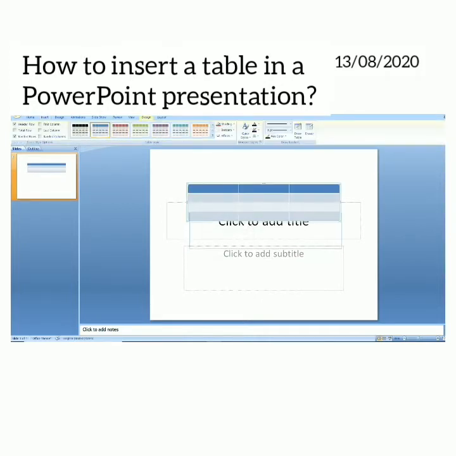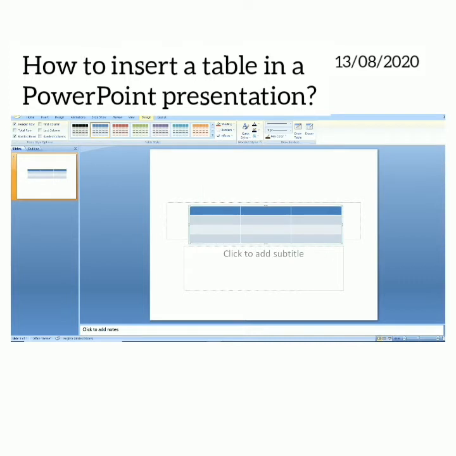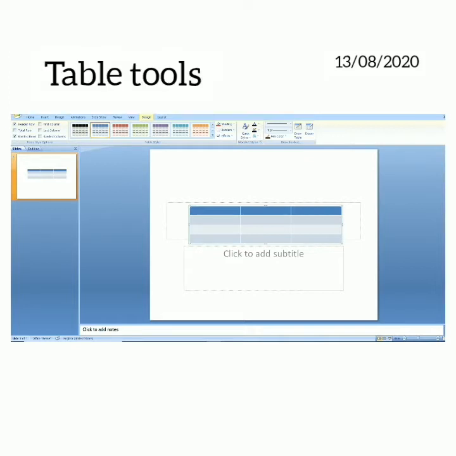Now you can see that a table appears on the screen, which consists of 3 columns and 4 rows. Now, dear children, today we are going to learn a few table tools and how to format a table style. So let's see how to do it.